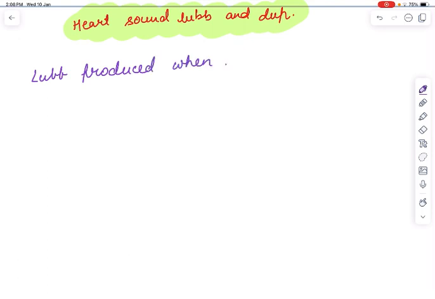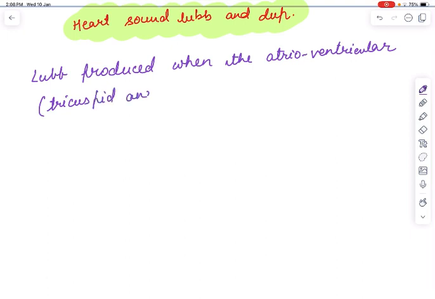when the atrioventricular valves, that is tricuspid and bicuspid valves, close. This sound is from the valves; when they open and close, the sound is lub. The first sound is produced when the tricuspid and bicuspid valves get closed sharply at the start of the ventricular systole.